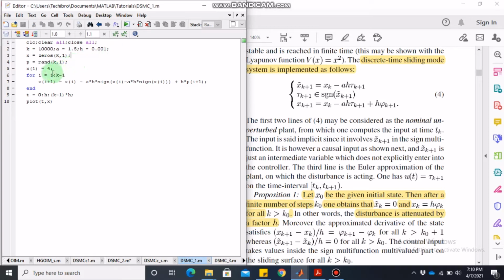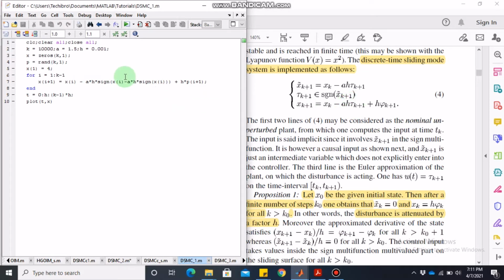So it's about 1 millisecond of time step. I start with initial condition 4, and I use the for loop to calculate this discrete time difference equation. So x i plus 1 is equal to x i minus a times h times tau of k.